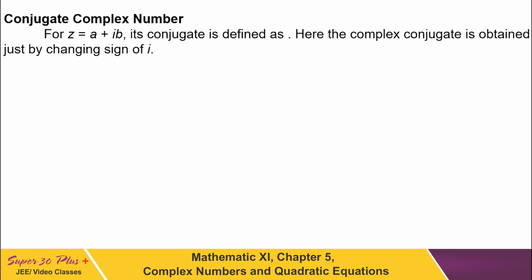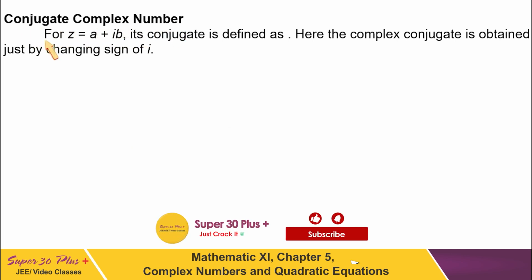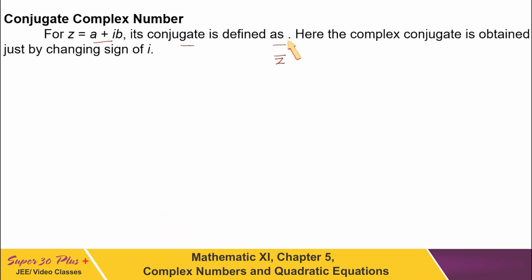Now, the third most important thing: conjugate of a complex number. For z is equal to a plus iota b, its conjugate is defined as z bar is equal to a minus iota b. Here the complex conjugate is obtained just by changing the sign of iota.